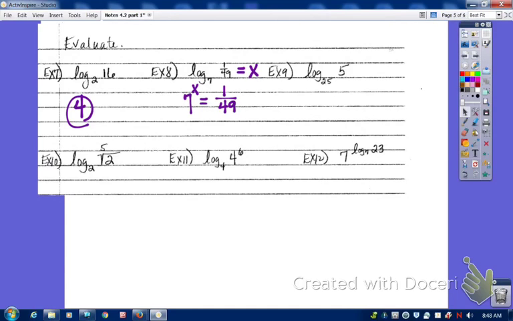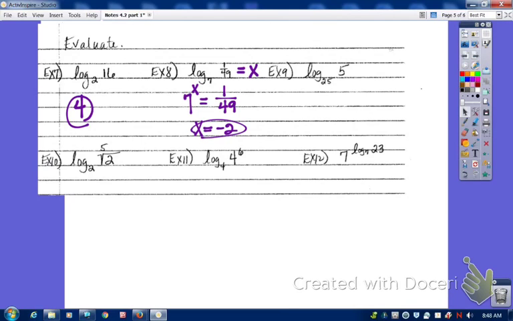We need to get both sides in the same base. Anybody know what you can raise 7 to get 1 over 49? Negative 2. Good. If it were 49, you could tell me x was positive 2, right? But because it's 1 over 49, it has to be a negative 2.